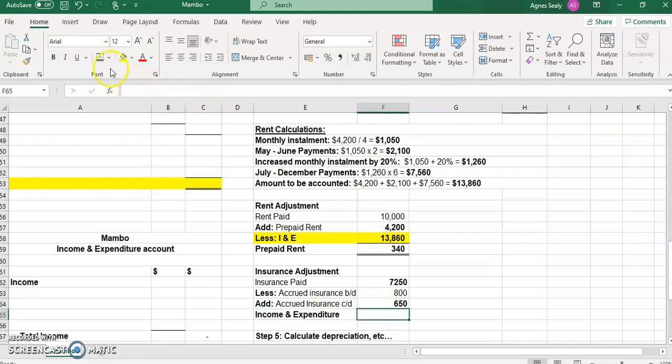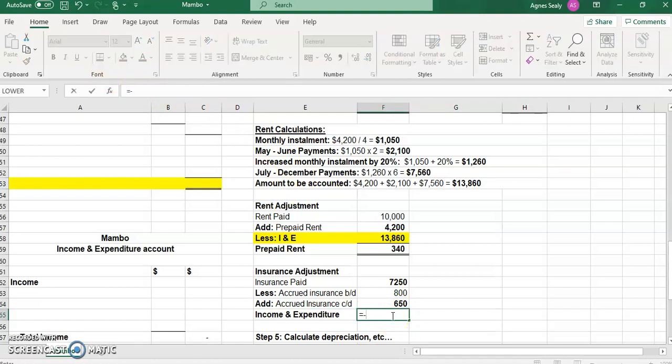Okay, so let's see how much we have to put in our income and expenditure account for insurance. We can start with what we paid, $7,250 minus $800 plus $650, and we get a total of $7,100.